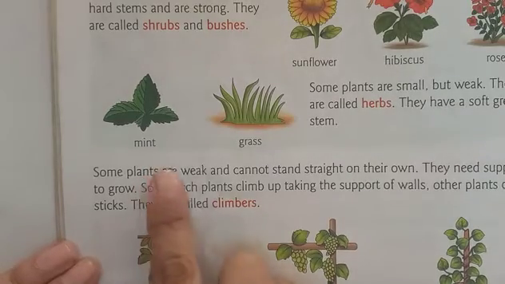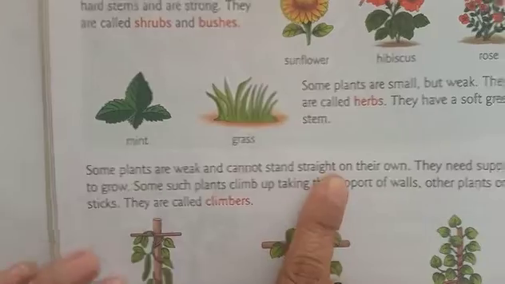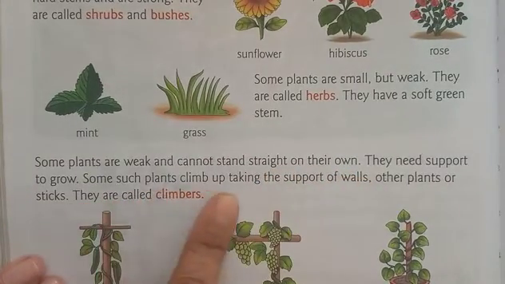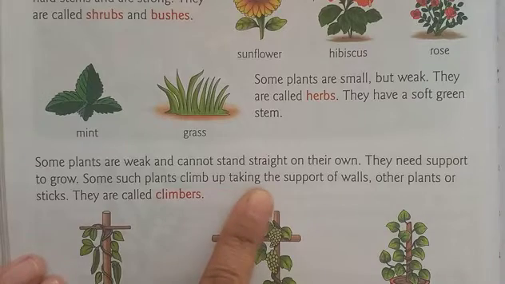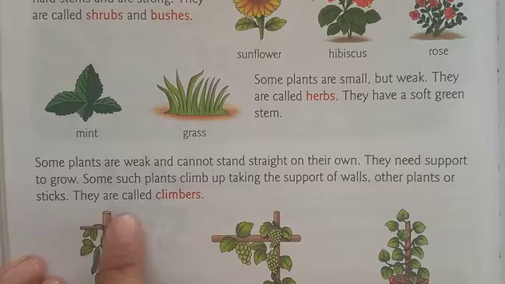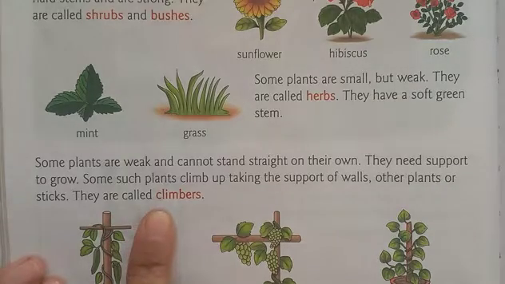Then some plants are weak and cannot stand straight on their own. They need support to grow. Such plants climb up taking the support of walls, other plants or sticks. They are called climbers. So climbers are very weak plants. They need support to grow.